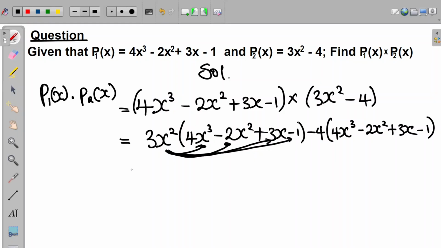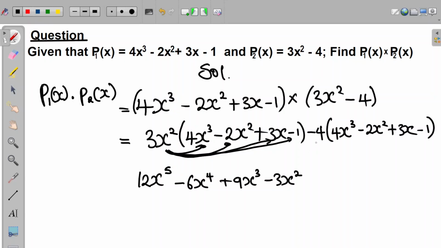So this becomes 3x² times 4x³ is 12x to the power of 5. 3x² multiplied by minus 2x² is minus 6x to the power of 4. And 3x² multiplied by 3x is plus 9x³. And 3x² multiplied by minus 1 is minus 3x².